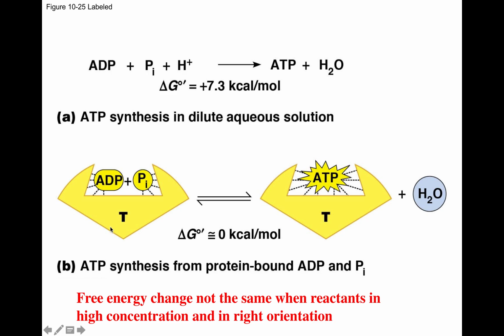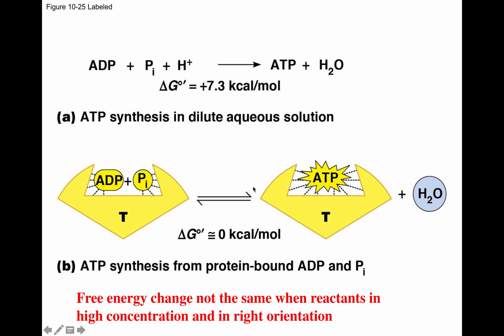However, in the environment of this beta subunit, where the movement of these molecules is restricted and the orientation of these molecules is dictated by how they're bound to this, the delta G is close to 0. So not exactly spontaneous, but not non-spontaneous, and the action of the beta subunit pushing those two together is enough to make this reaction happen spontaneously.